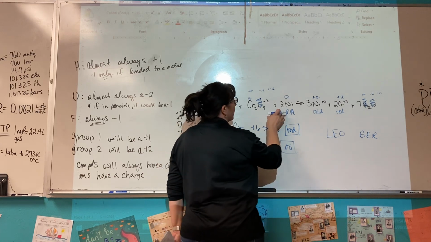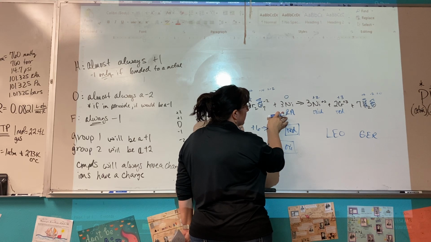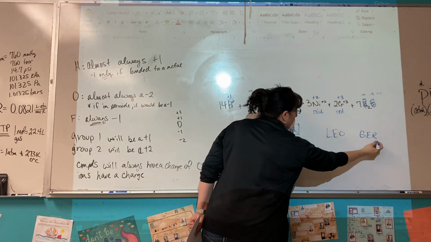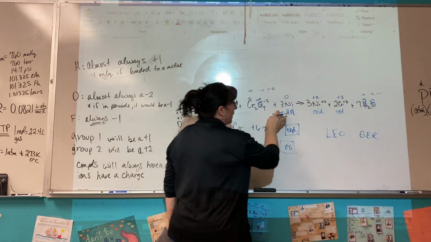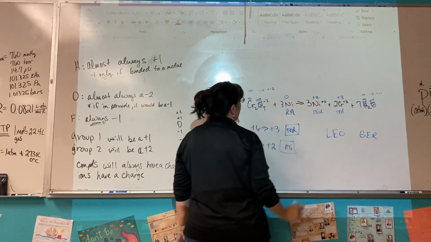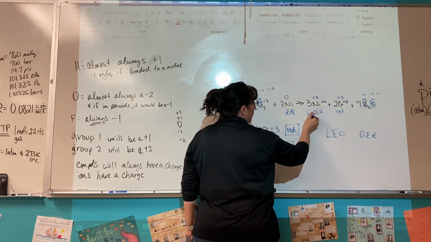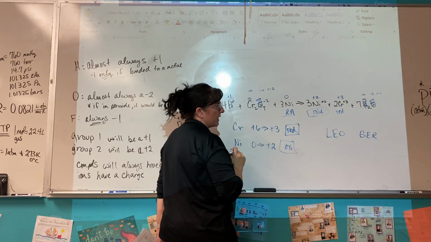Sorry, I said that wrong. It's going to cause the chromium to gain an electron, and so that's why we call this the reducing agent. Chromium ended up gaining electrons. So if it's the oxidizing agent right here, then here it's going to be called the reducing agent.